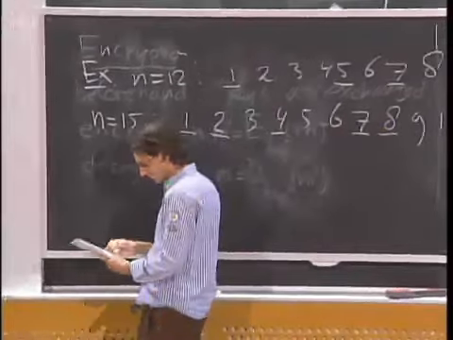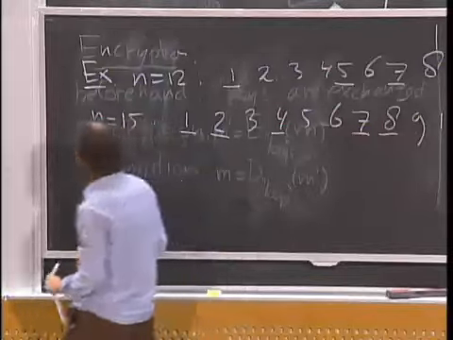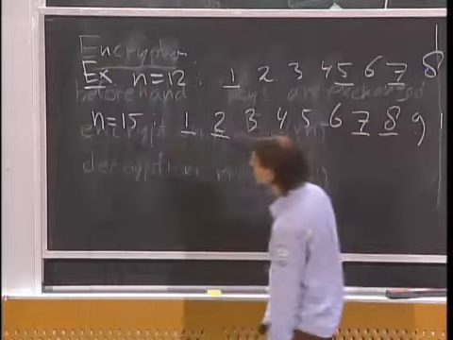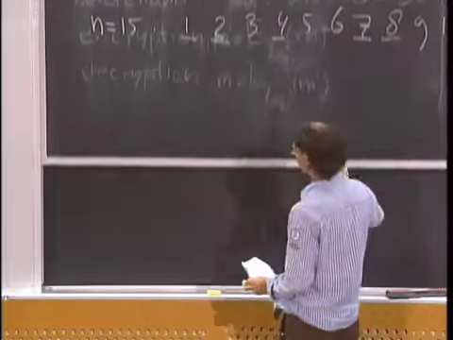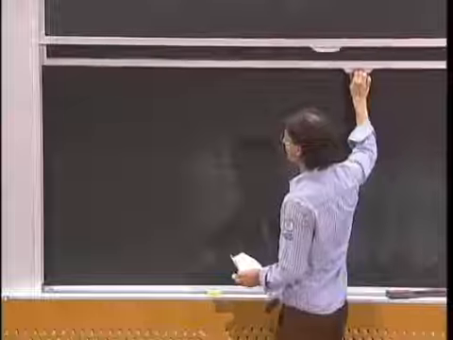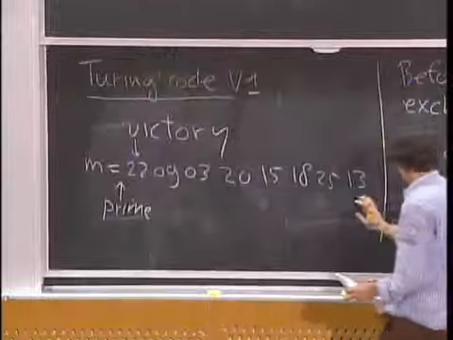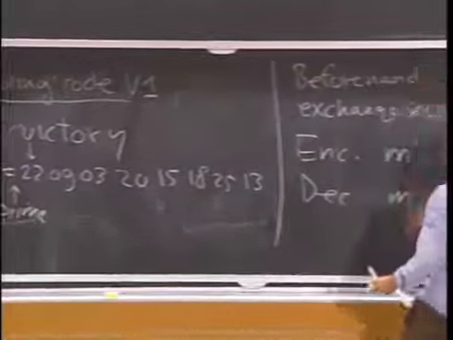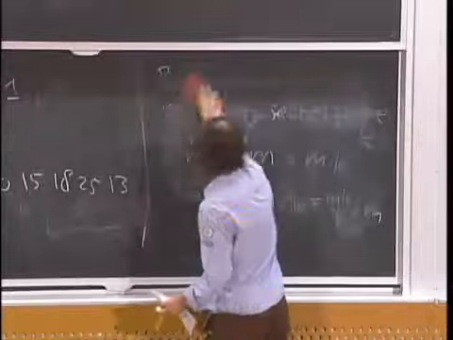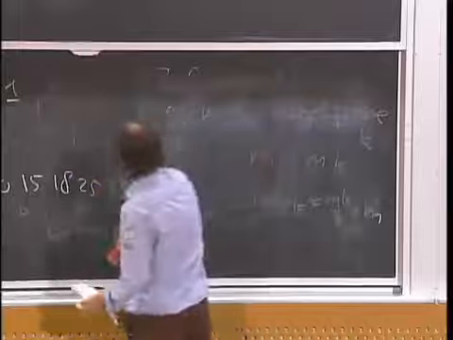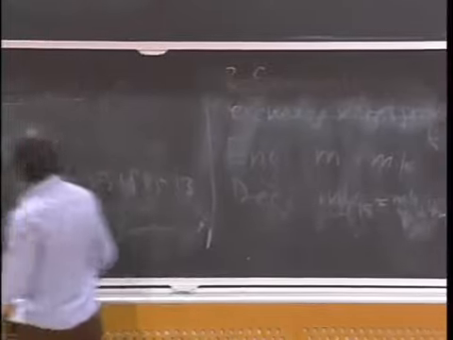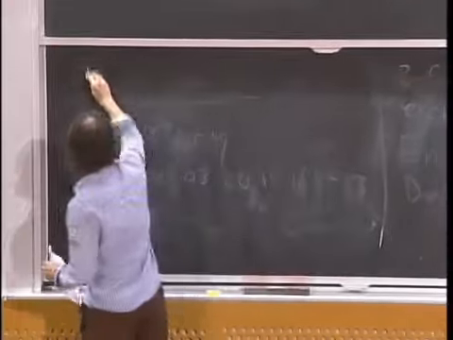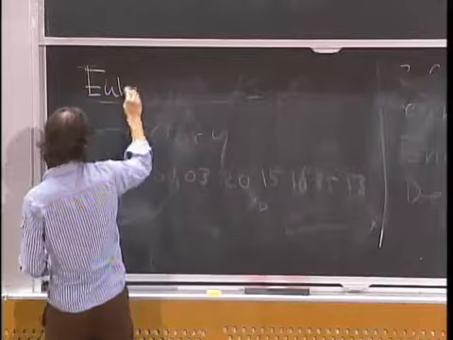So let's talk about the Euler totient function and Euler's theorem. So let me use this blackboard. Now this is really an exciting theorem, and it's a little bit hard to prove.